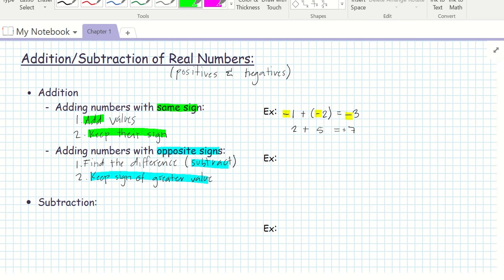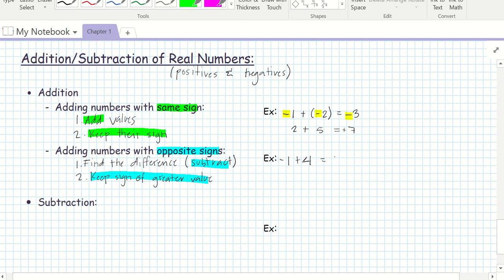Okay? Just trying to come up with the keywords. So: opposite signs, subtract, keep sign of greater; same sign, add, and keep sign of both. Okay? So an example can be if I have, let's say, -1 plus 4. I'm noticing that here 1 is negative and 4 is positive. So I'm going to find the difference. What is the difference between 1 and 4?